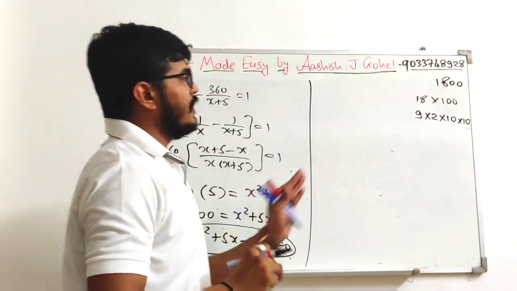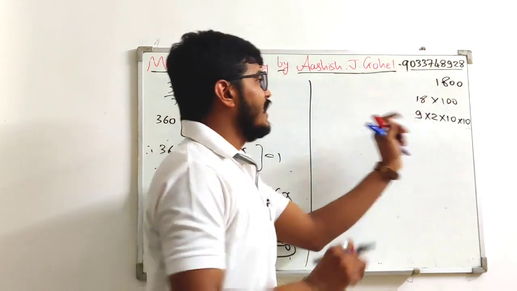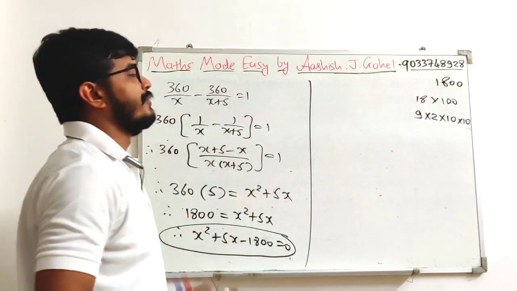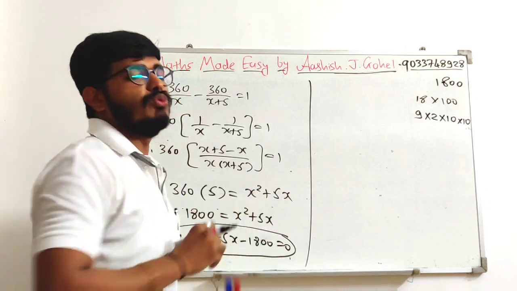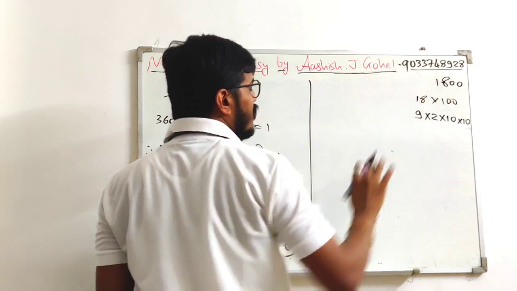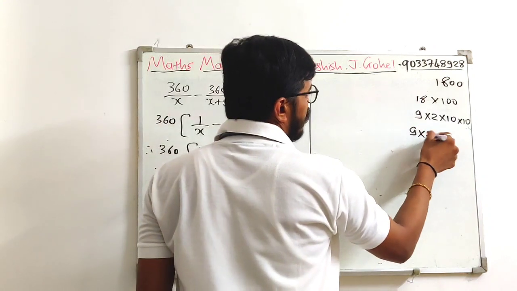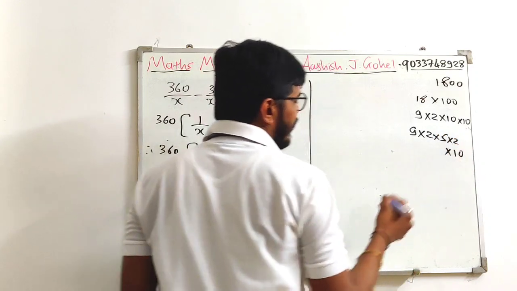We will just cross multiply the factors and we will get an idea which two factors' subtraction is 5. This will come with the help of practice only. You need to practice more and more questions like this, then only you will get an idea of what to do next. So 9 into 2, again you will factorize 5 into 2, here also you can write down 10.